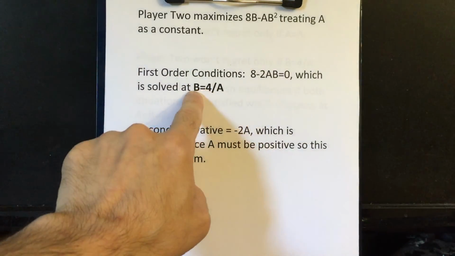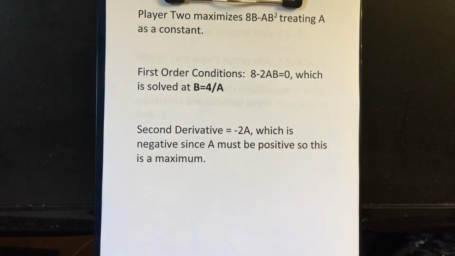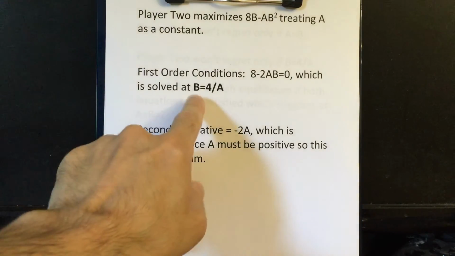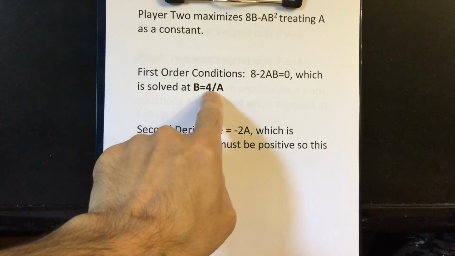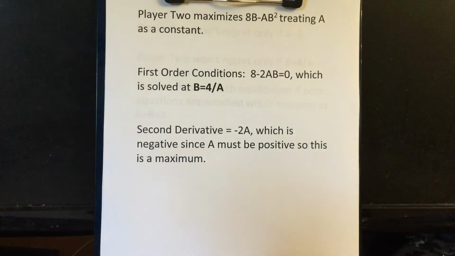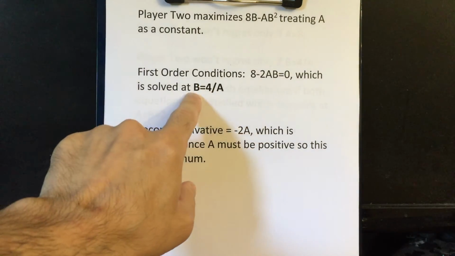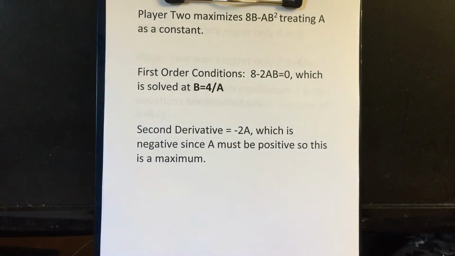So this is player 2's reaction function. Player 2 will maximize his payoff if he sets B equal to 4 divided by A. So if B is not equal to 4 divided by A, player 2 will regret his strategy choice, and we won't have a Nash equilibrium.